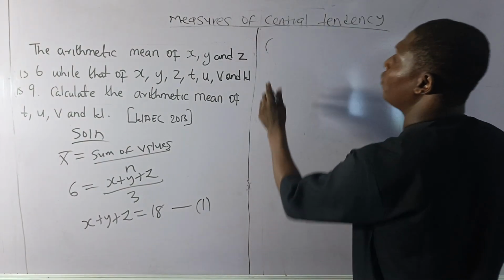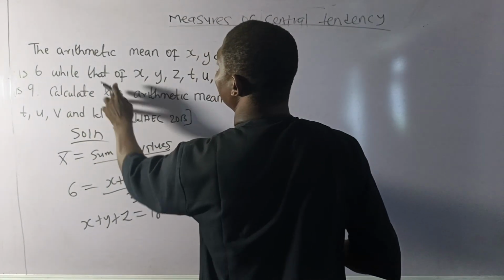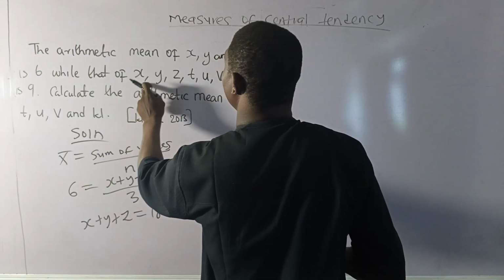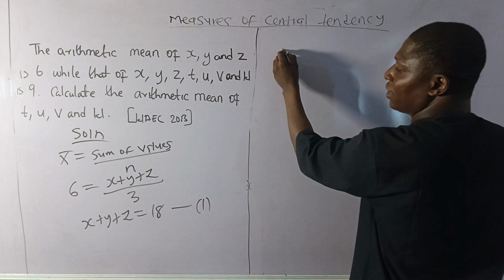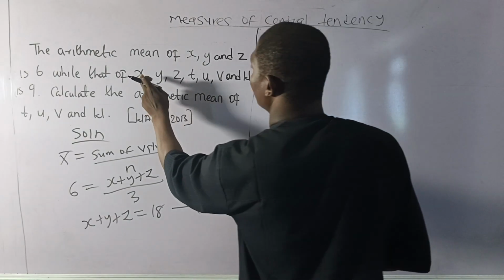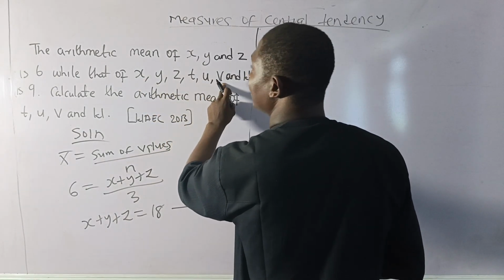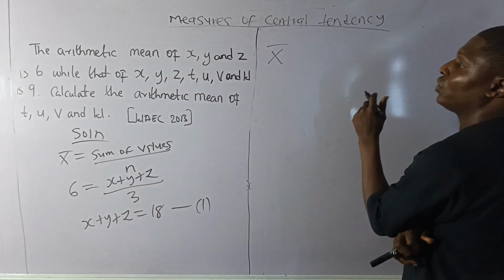Now, the next expression says that of x, y, z, t, u, v, w, which is mean x bar for how many values? 1, 2, 3, 4, 5, 6, 7, is 9.